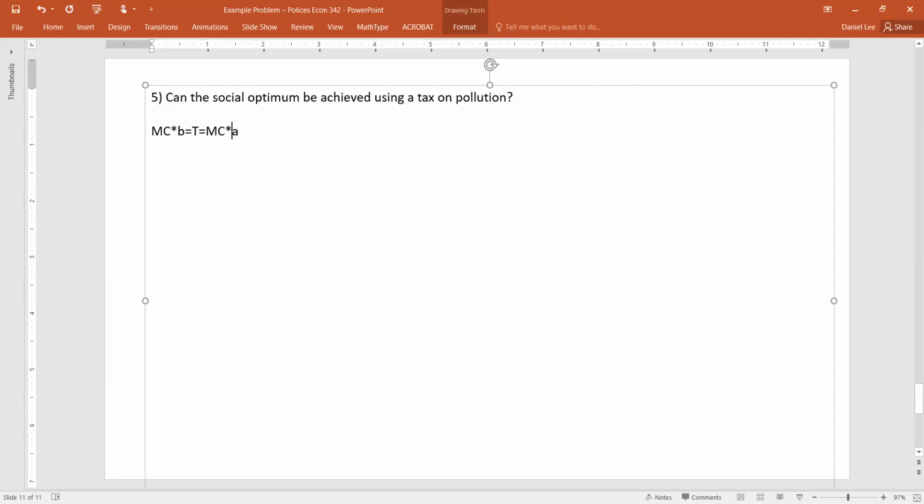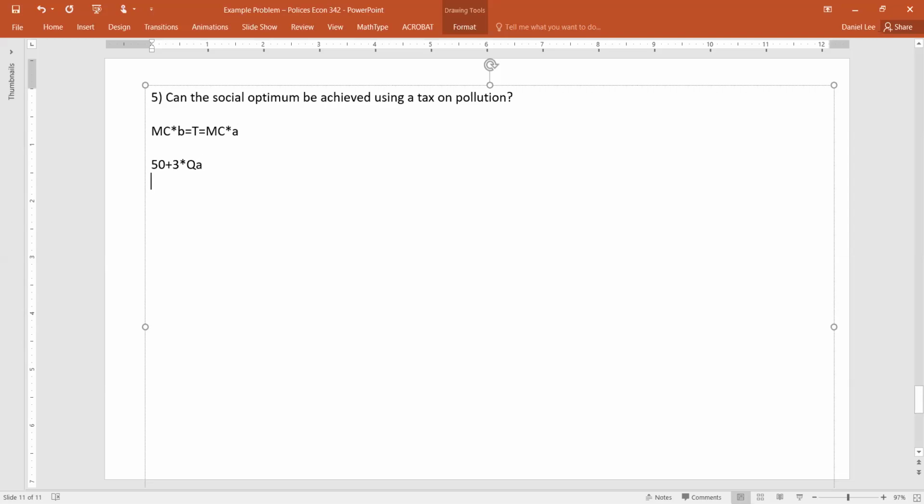Now, from a political economy perspective, we can talk about what the enforcement mechanisms look like on that tax. But here we're just going through the motions of the mechanics of the math. So we were given marginal cost for firm A. That's 50 plus 3 QA.